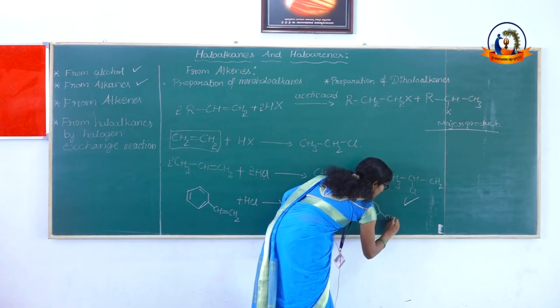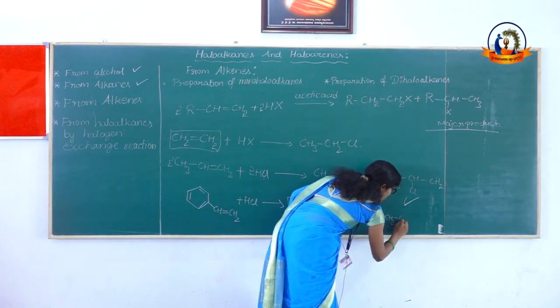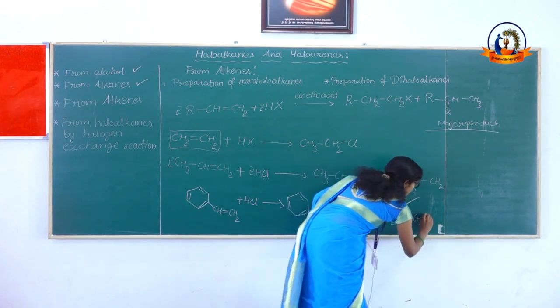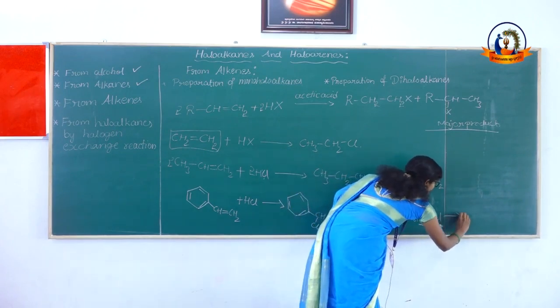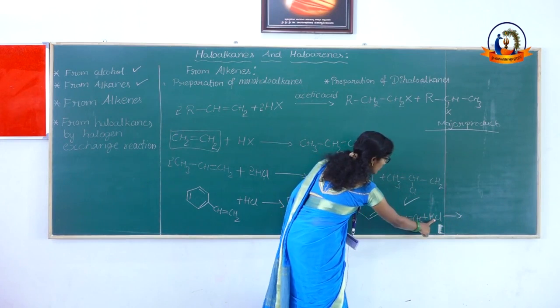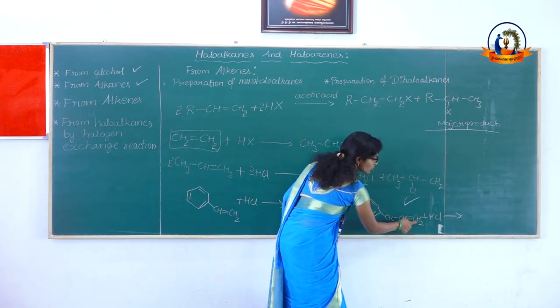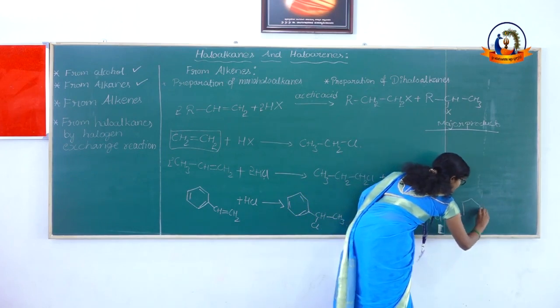Another one, in the case of allyl benzene. Allyl benzene reacts with HCl. It gives hydrogen attached to this carbon, Cl attached to this carbon.